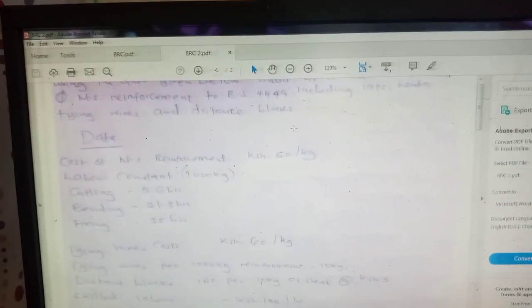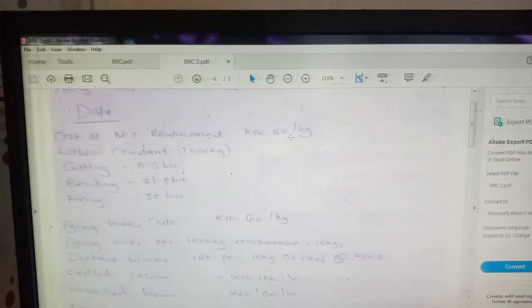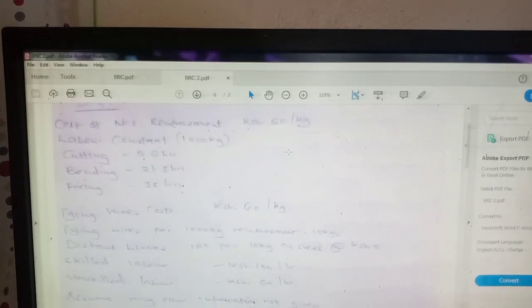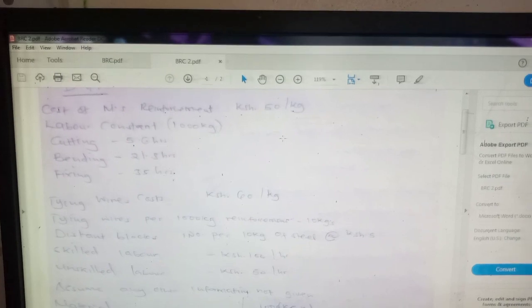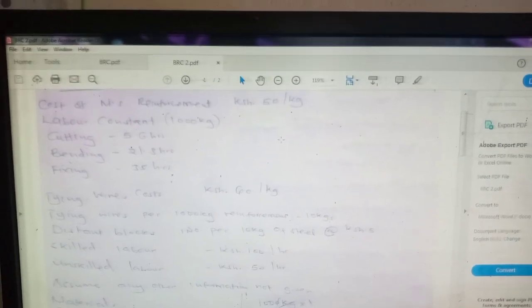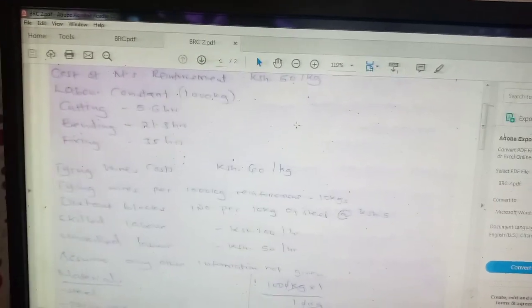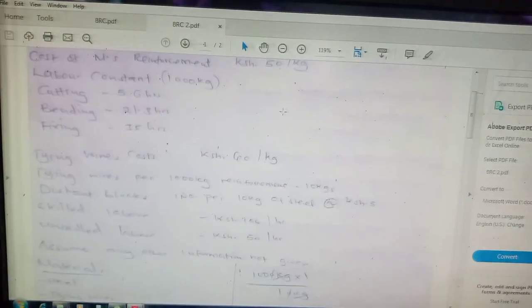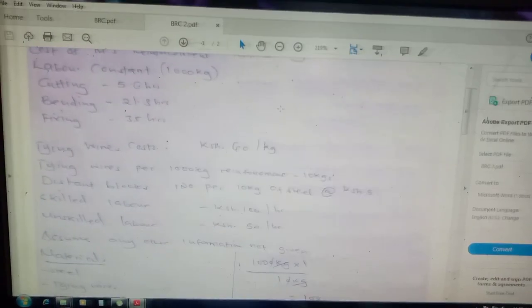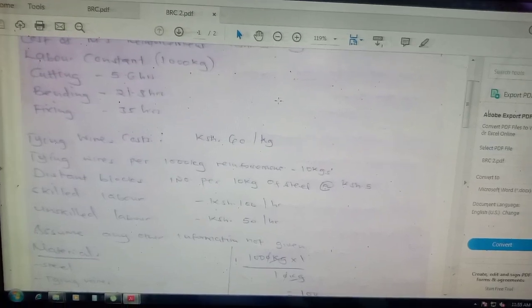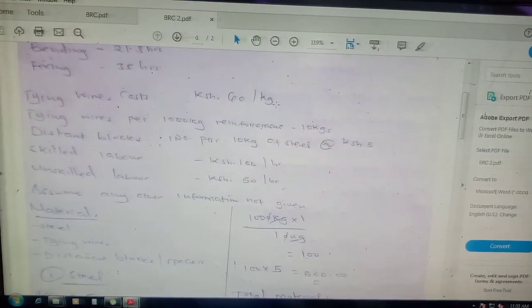reinforcement is 50 shillings per kg. The labor constant for 1000 kg of reinforcement is cutting 5.6 hours, bending 21.8 hours, fixing 35 hours. Then the tying wires cost is 60 shillings per kg.